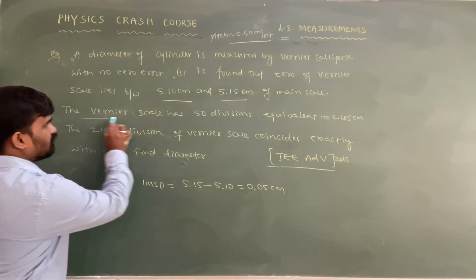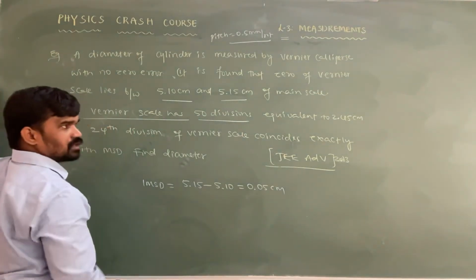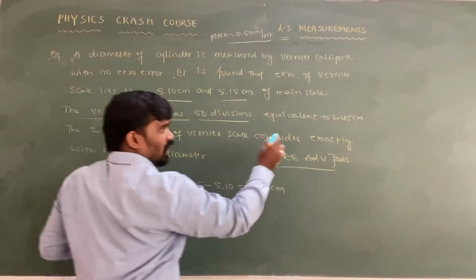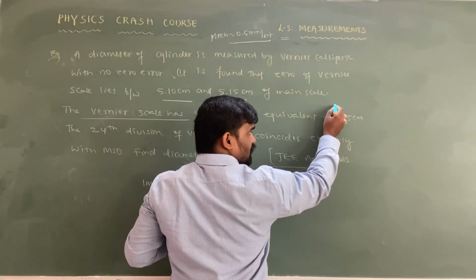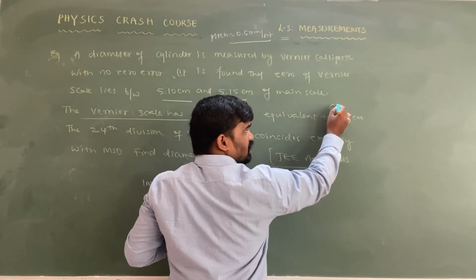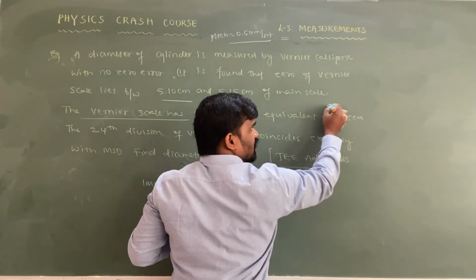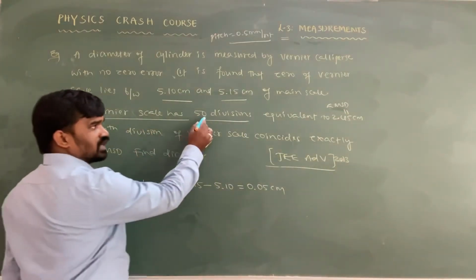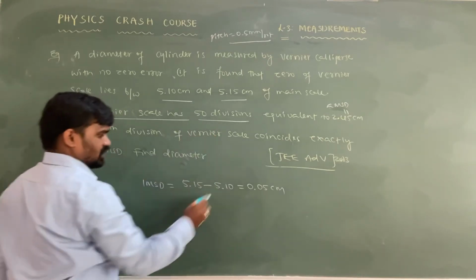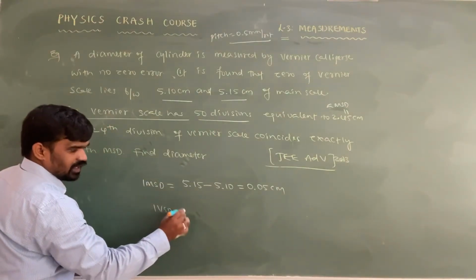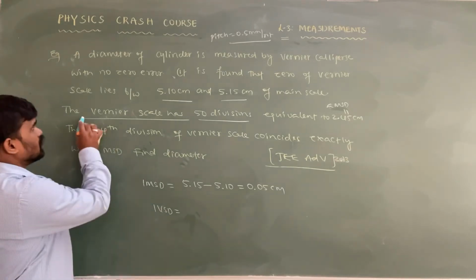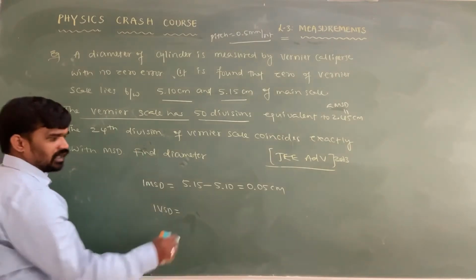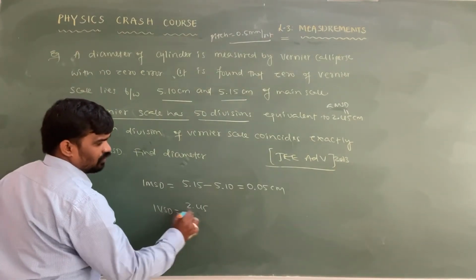Next, the vernier scale has 50 divisions which are equivalent to 2.45 centimeter. So 1 VSD is equal to 2.45 by 50.